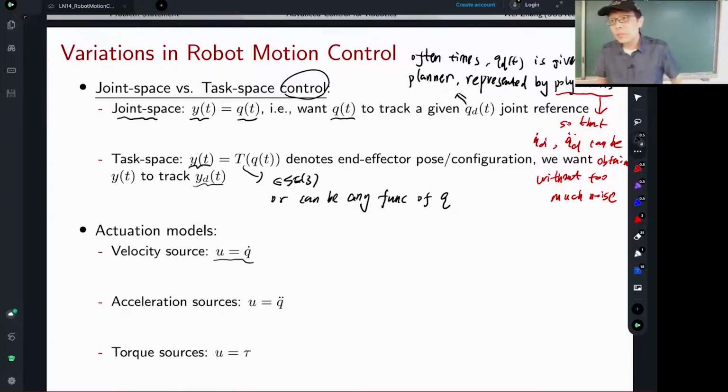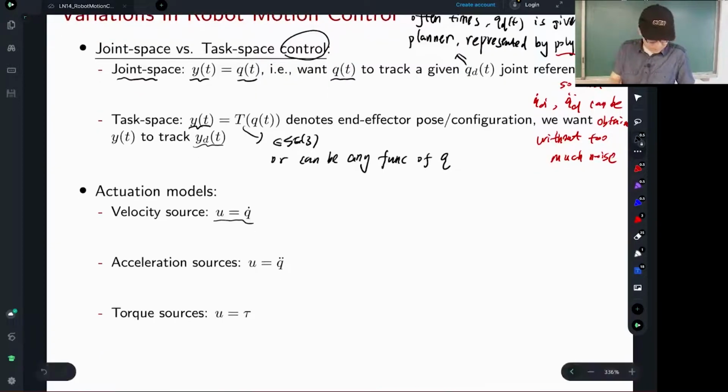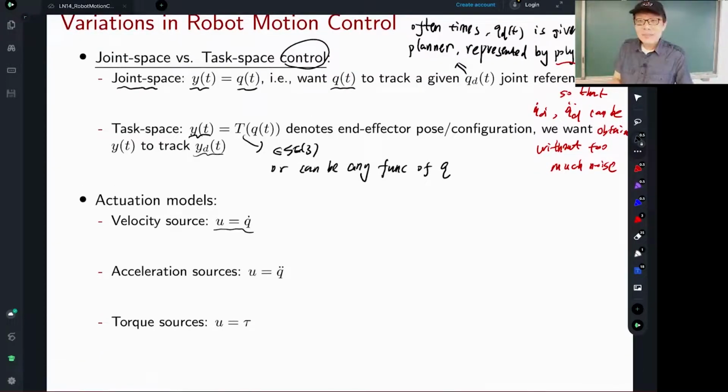Is this a good assumption, Liuben? Depends on the application. It could be different cases. You can directly control the velocity. You can directly control the acceleration level. That's a little bit more direct.